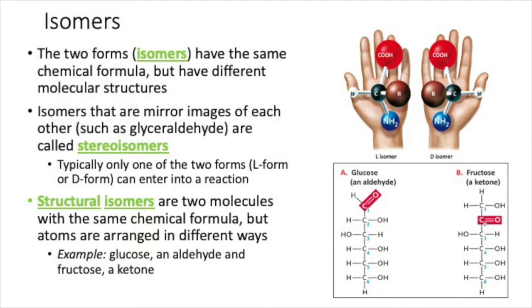Two forms of the same chemical formula can have different chemical structures depending on how they're formed. So you'll have the exact same empirical formula, but they'll look the exact opposite.